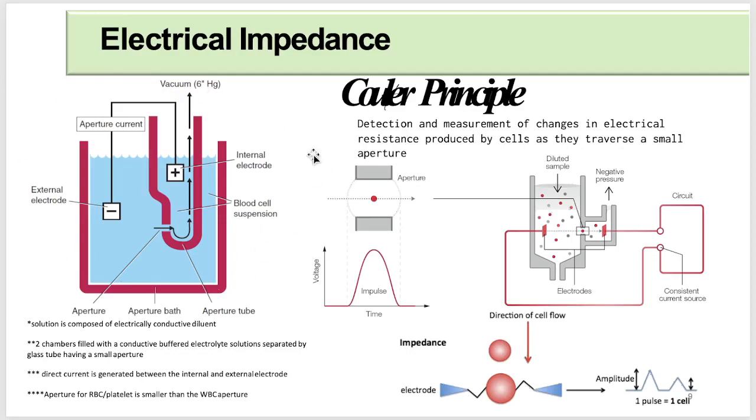So let's take a look at this diagram. As you can see, we have what we call the aperture bath, the biggest part. Then we have the aperture current, the external electrode, and the internal electrode. And what is the fluid there?